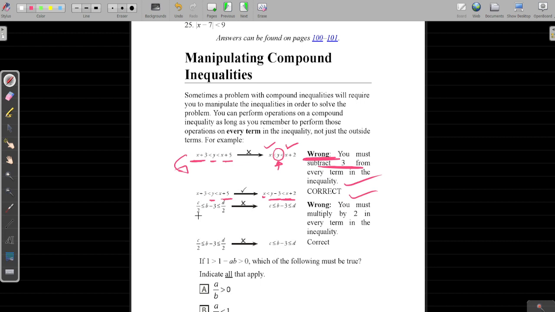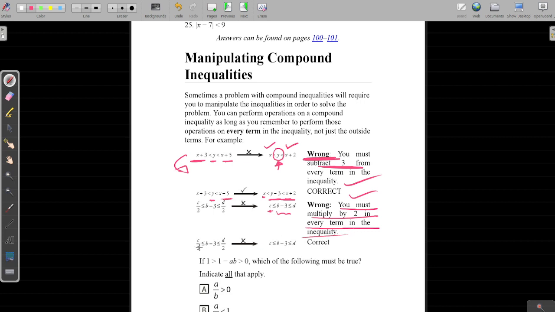Here the inequality is c by 2 less than or equal to b minus 3 less than or equal to d by 2. So what they have done, firstly, here 2 is in division and they removed this 2. How? By multiplying by 2. So this is multiplied by 2. You need to multiply this one also by 2, but they didn't multiply the middle portion by 2, that's why it is wrong. So you must multiply by 2 every term in the inequality.